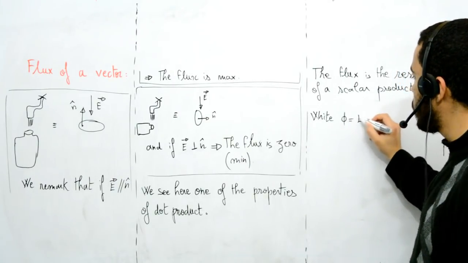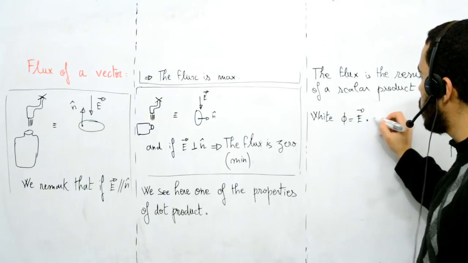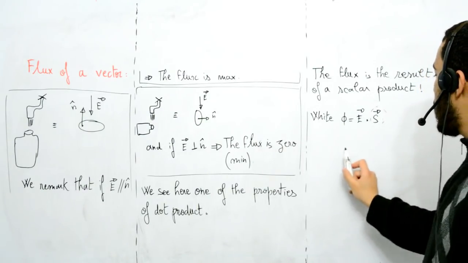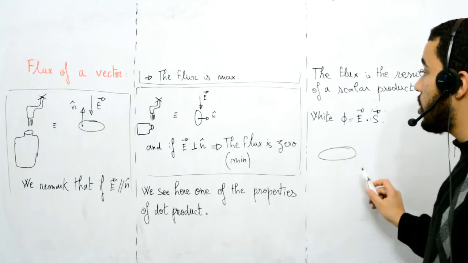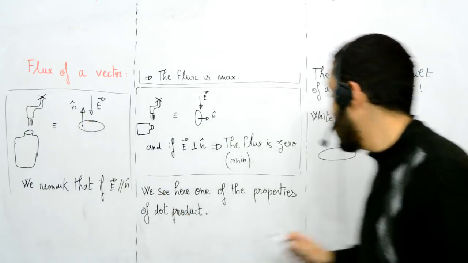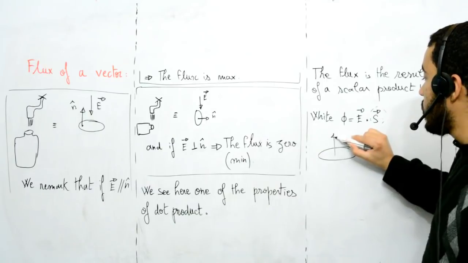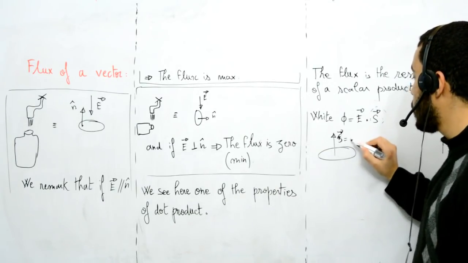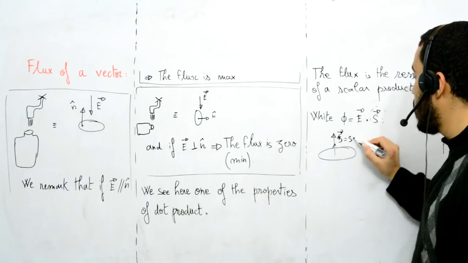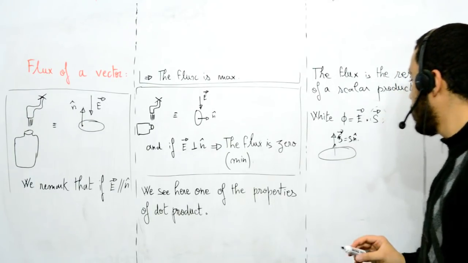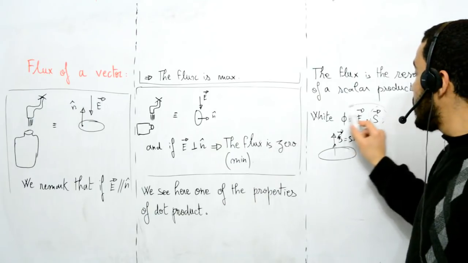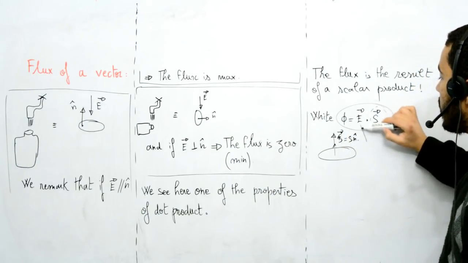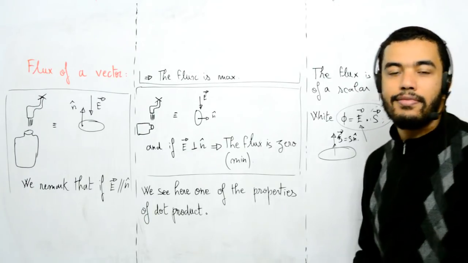Phi equals E dot S. This S is our oriented surface, so this surface is oriented like that, equals S n hat. But this expression is only valid if E is constant.